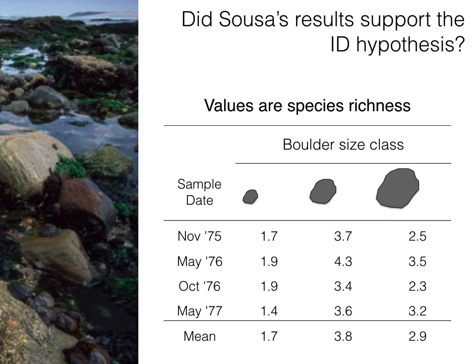This is one example of a study that has tested this hypothesis, but the intermediate disturbance hypothesis has been tested quite extensively in the literature, and in most cases there's support, but there are certainly studies that do not support the intermediate disturbance hypothesis, and to some degree it varies by the different kinds of systems and communities that are studied.